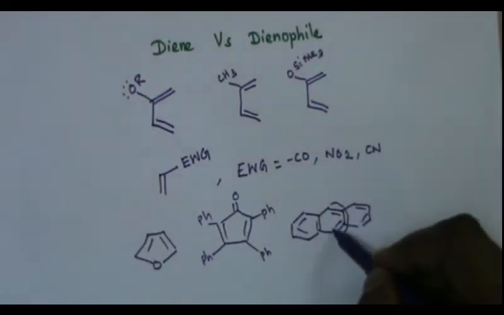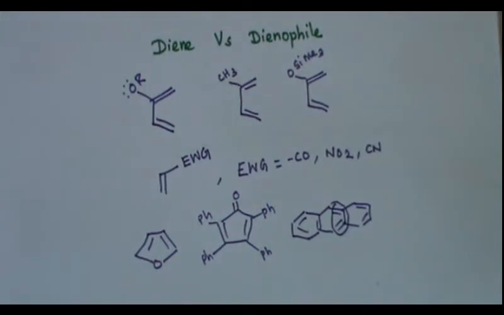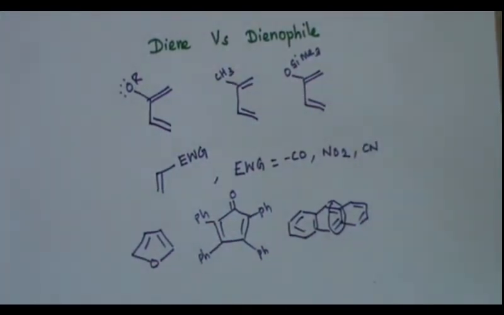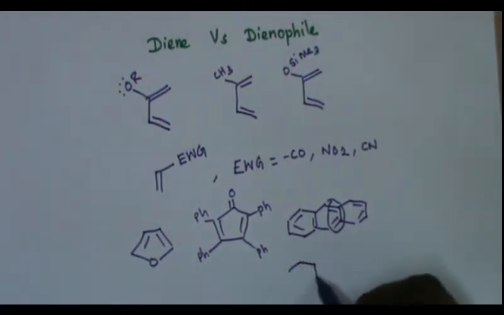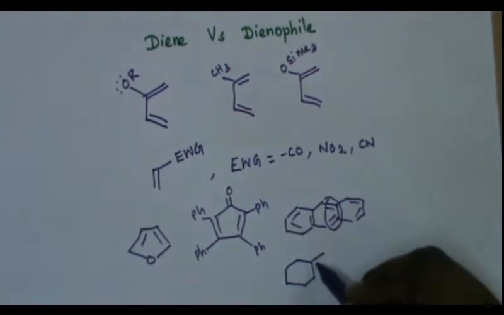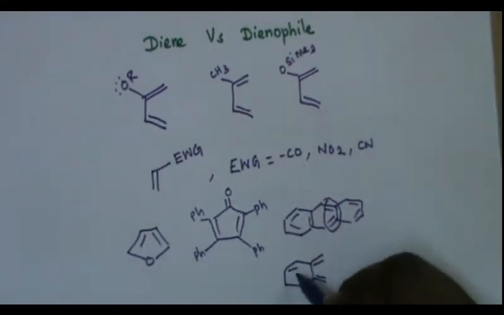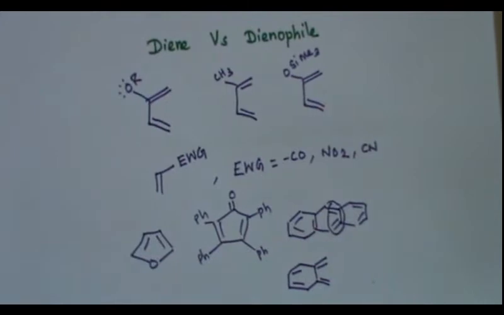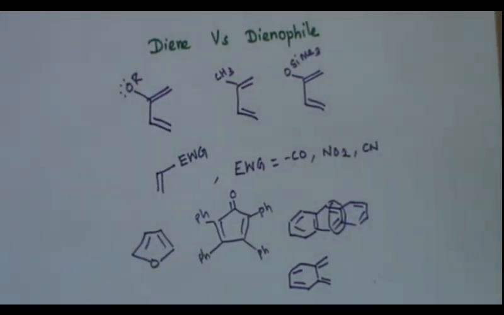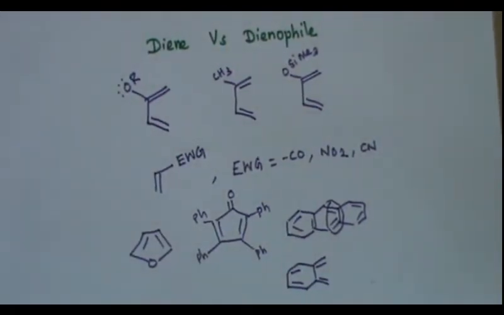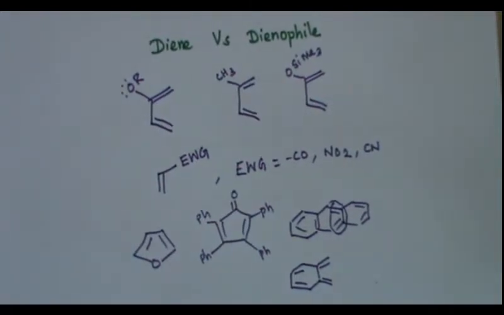This diene undergoes Diels Alder reaction. Another one, this kind of quinoid structures also undergo Diels Alder reaction. So these are very common dienes in Diels Alder reaction.